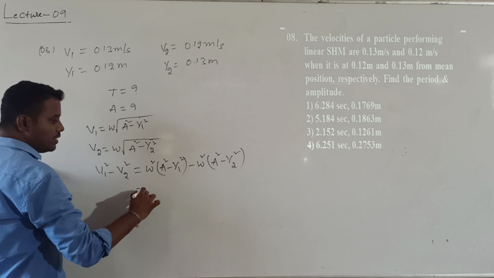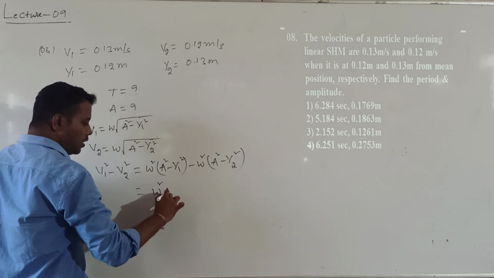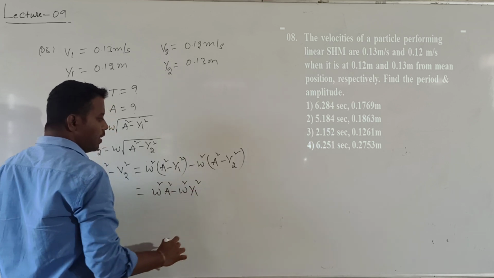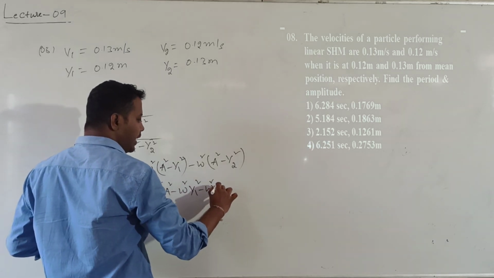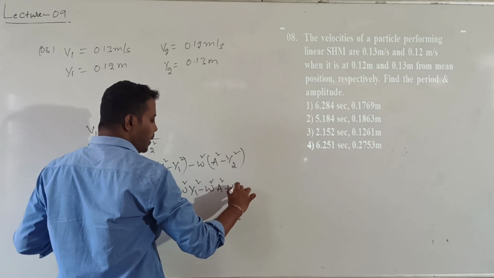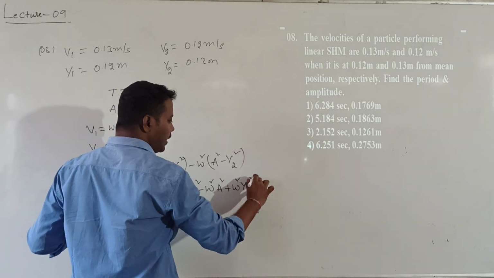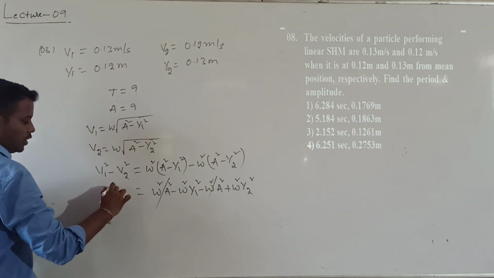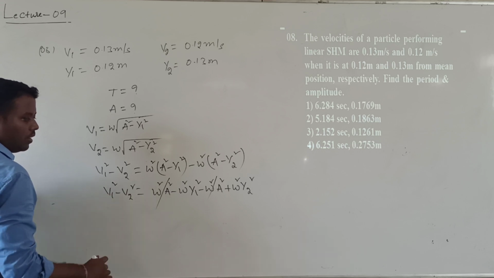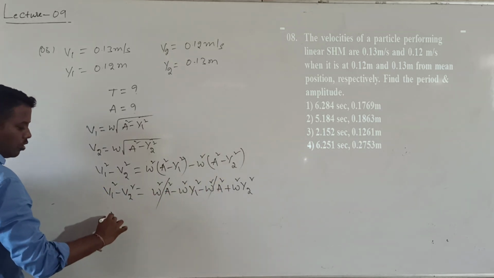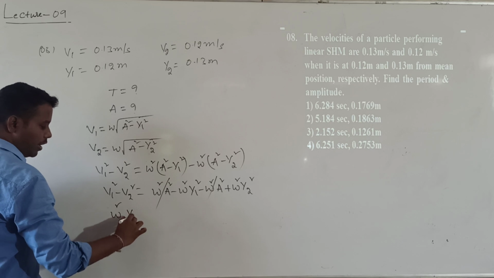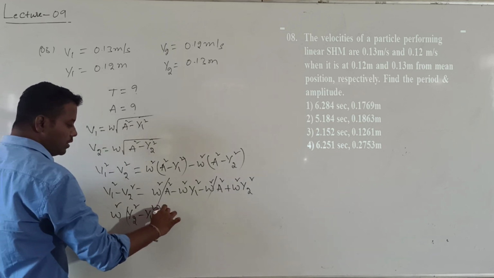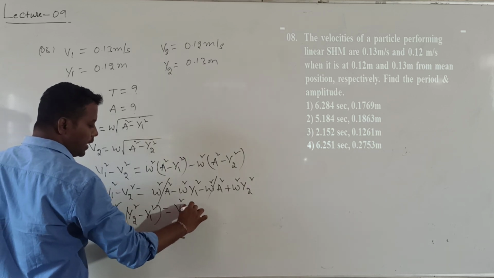Then this is omega square a square minus omega square y1 square minus omega square a square plus omega square y2 square. Omega square a square cancels. Taking omega square common, we get omega square into y2 square minus y1 square is equal to v1 square minus v2 square.